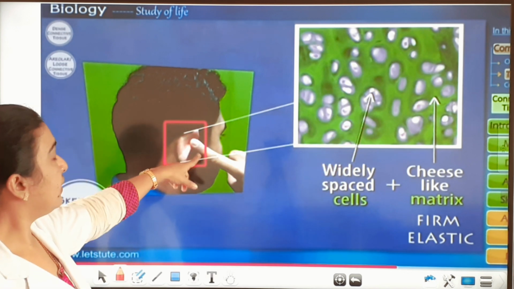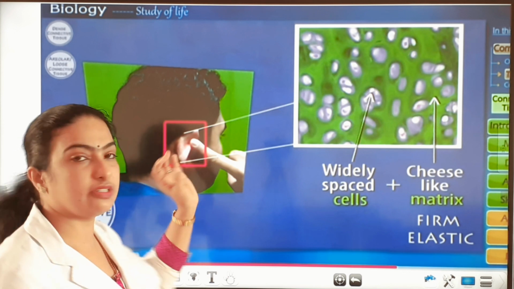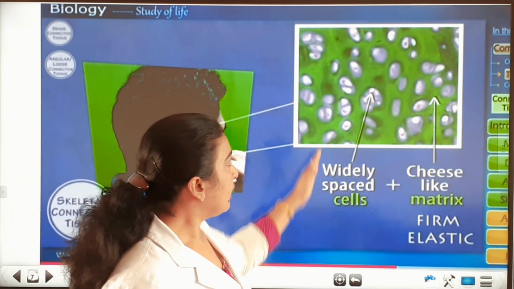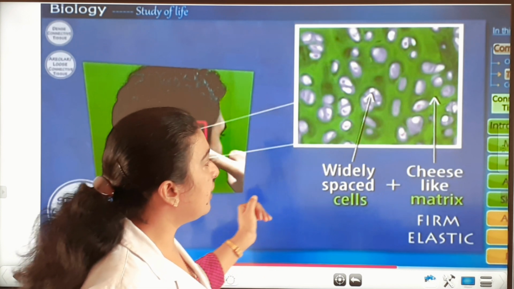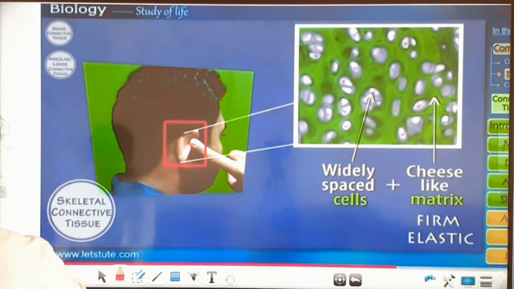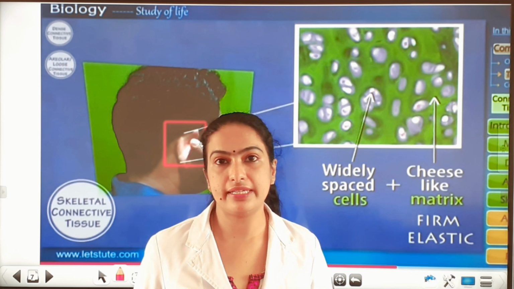You can fold your ear lobe due to the presence of cartilage because it is elastic or flexible connective tissue. So, widely spaced cells are there, and the matrix is also elastic. Is it clear about cartilages?